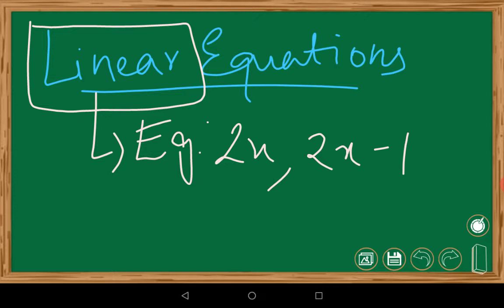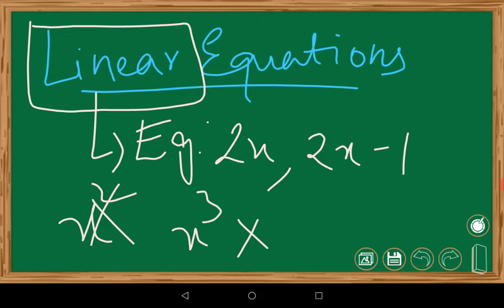This x square is not a linear equation. x cube is also not a linear equation, but 2x is a linear equation. x is also a linear equation. When there is no constant before a variable, it is 1. We have studied this many times in previous classes.